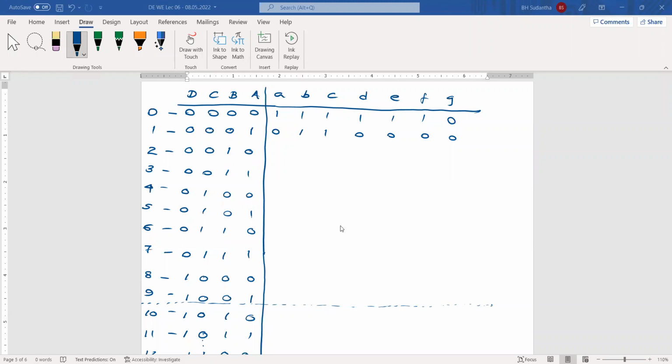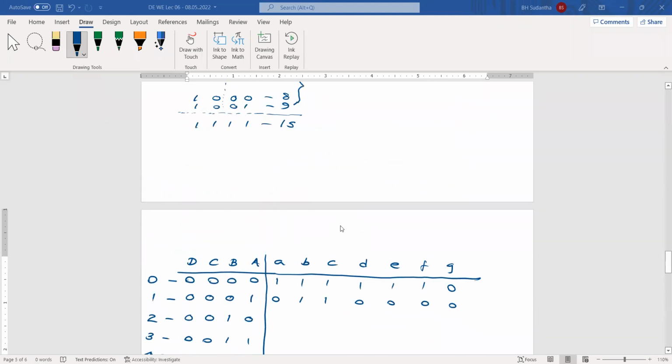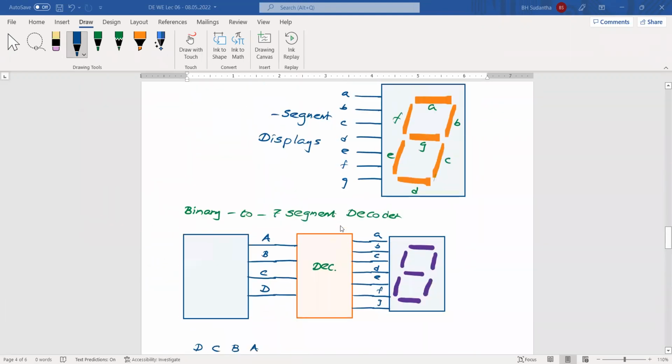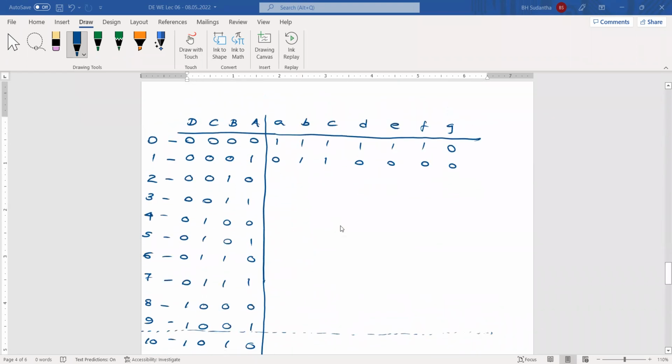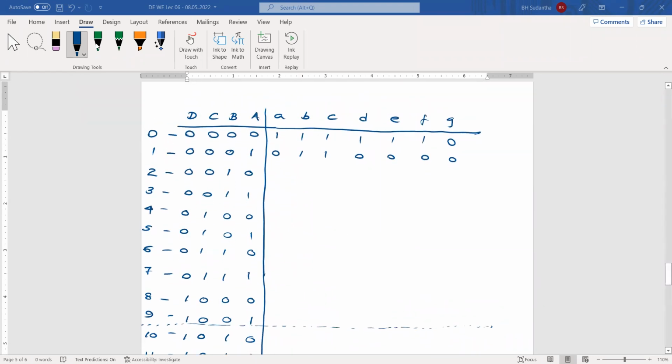To show number 2 here, other than F and C, we have to turn on all the segments.